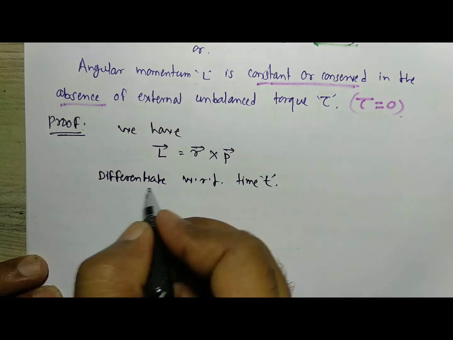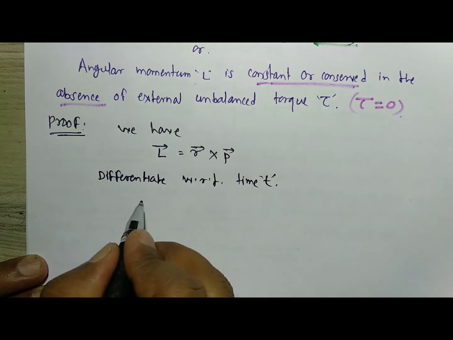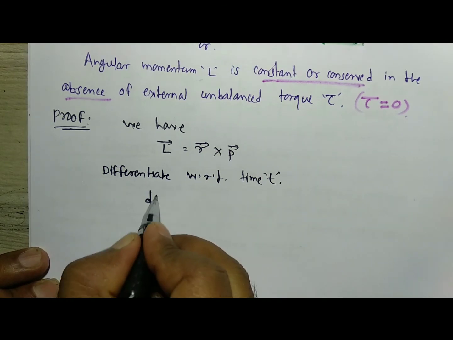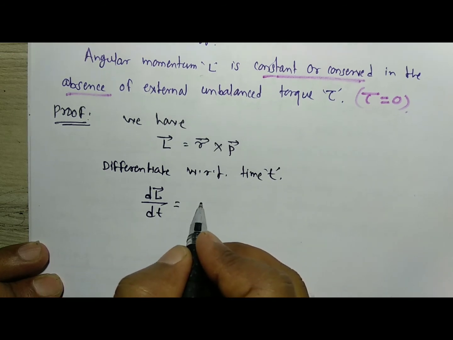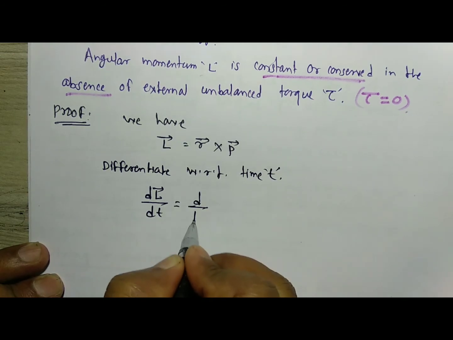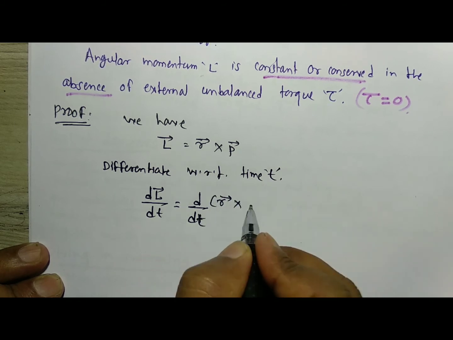That means we take the derivative of L with respect to t, denoted as dL bar divided by dt, and therefore you will get d/dt of R bar cross P bar.